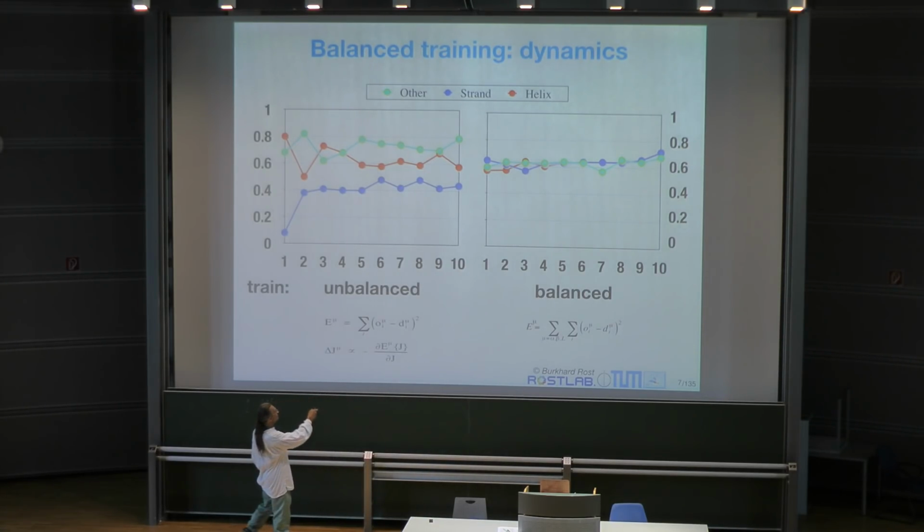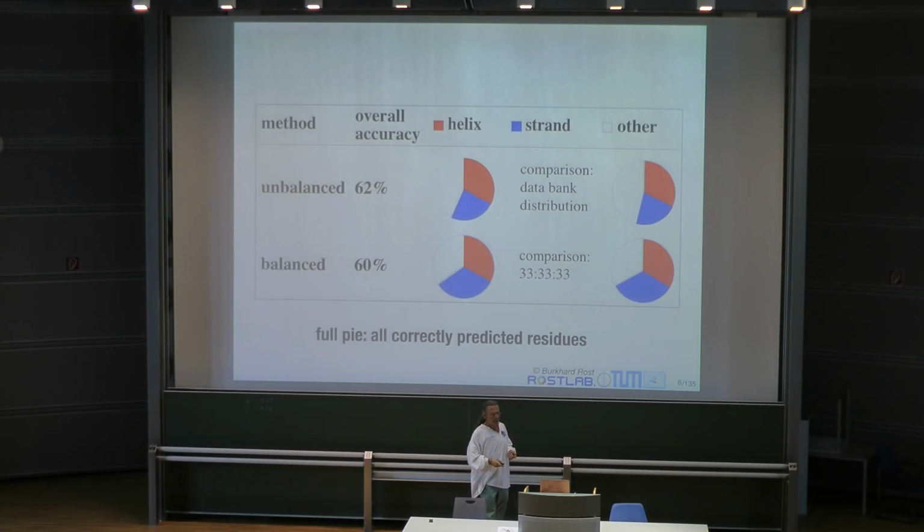What I get is a prediction that is much better for helix in red and other in green than for beta strand. If I now present in a balanced way at each training step one sample from each class, then I get a very balanced training and a very balanced prediction that overall in terms of Q3 is less accurate than the other one.